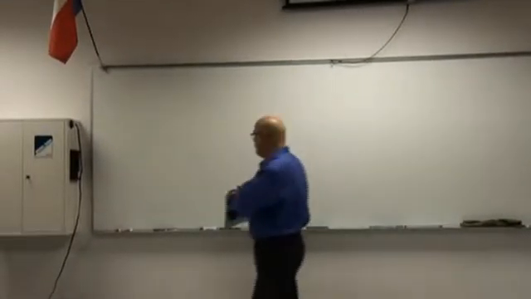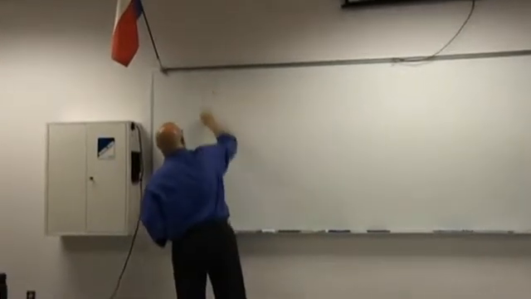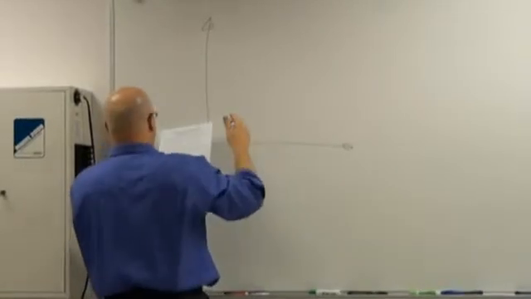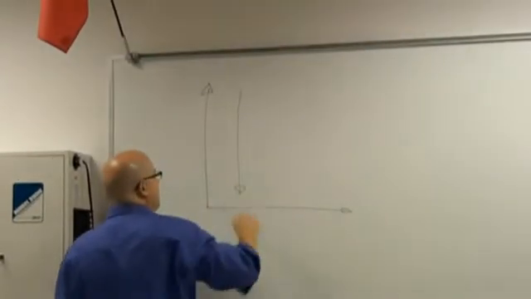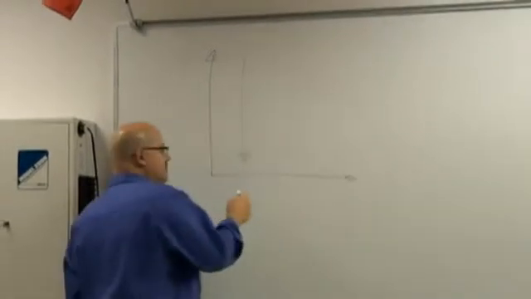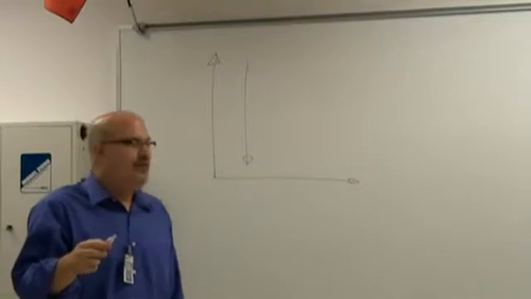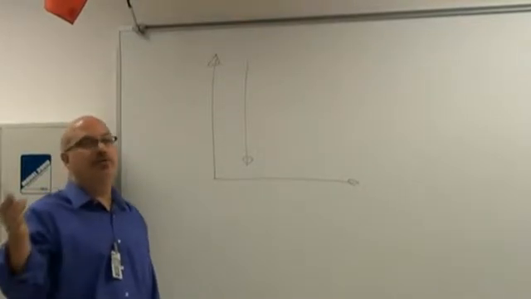Let's start with process number 1. Process number 1 looks like this. Okay, what's that process called? Isochoric or isovolumetric or constant volume process.